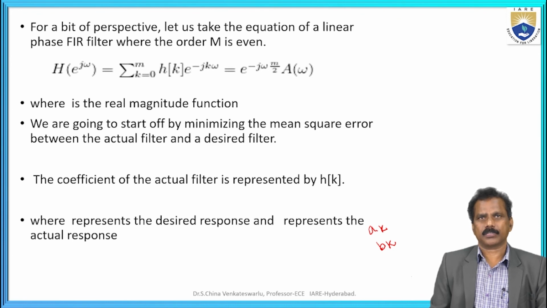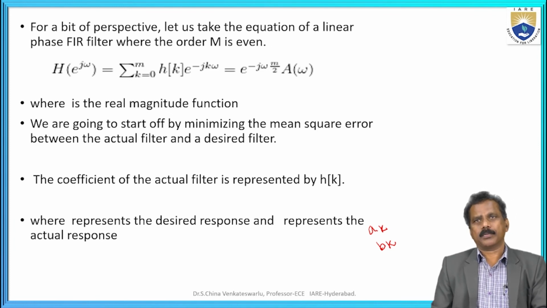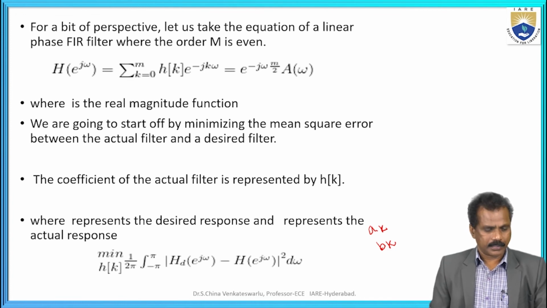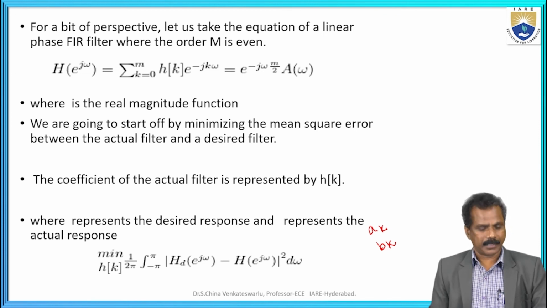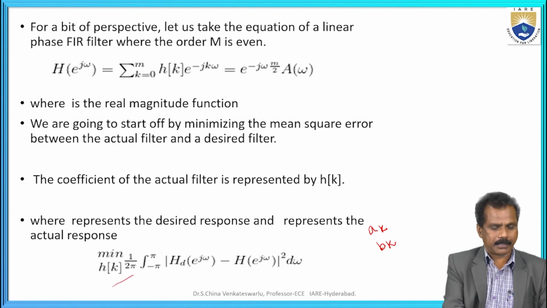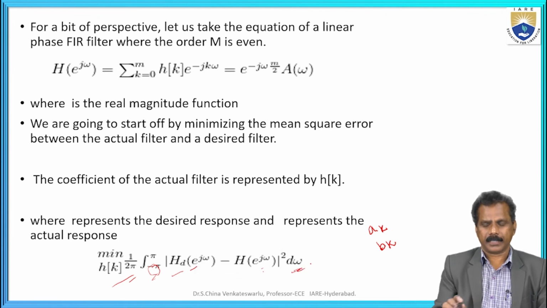Using this, for FIR filter order M even, we can write H of e power j omega equal to the summation k equal to 0 to M of h of k e power minus j k omega, which is equal to e power minus j omega M by 2 into A of omega. We then minimize 1 by 2 pi integral from minus pi to plus pi of the magnitude squared of the desired frequency response D of e power j omega minus H of e power j omega, d omega.